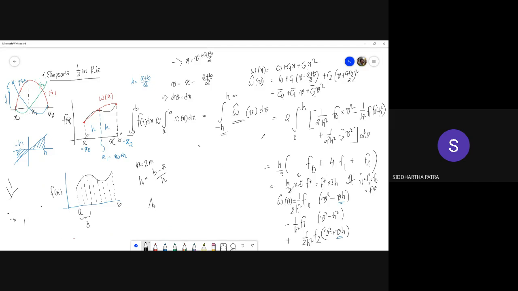So the approximate area, which is the integration of f of x dx from a to b, is basically the summation over i equals 1 to m of h divided by 3 times f of twice m minus 2, so when m equals 1 it is 0, plus f of twice m minus 1 times 4, plus f of twice m.